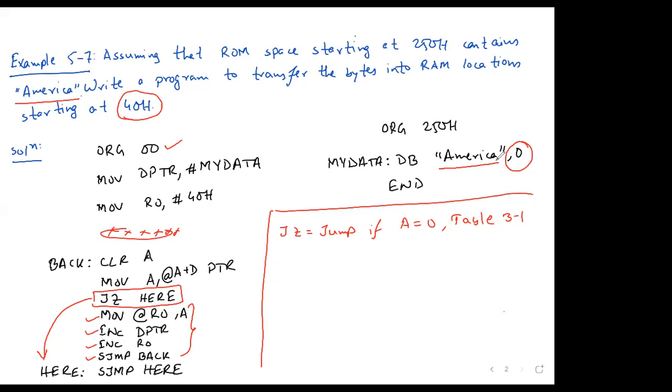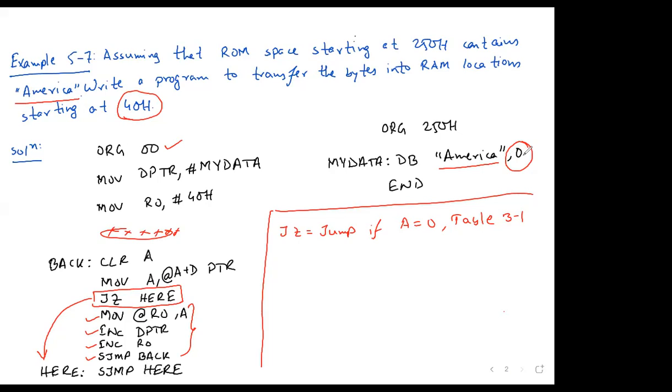So both of these codes will give you the exact same result. The only difference is that in the previous example, you had to know how many bytes of data you are transferring. In this example, you don't need to do that, but you need to add an extra 0 or null character at the end of your data. Any question up to this?